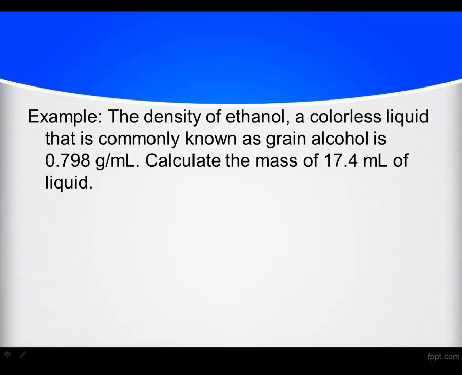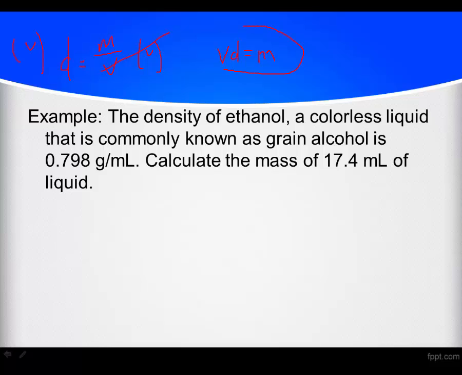The original equation was density equals mass over volume, right? We want to find mass, so we got to rearrange the equation. If I get volume multiplied on both sides, then I can get rid of it on the right. Volume times density is mass then, right?